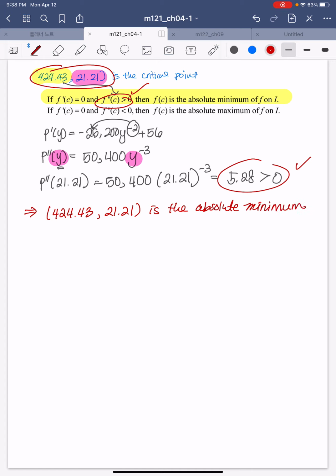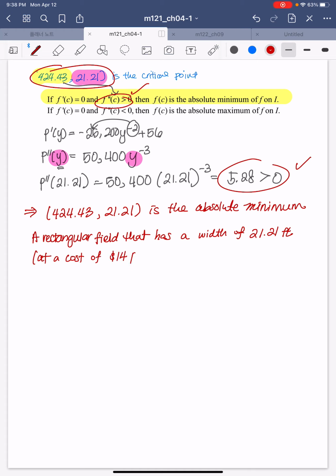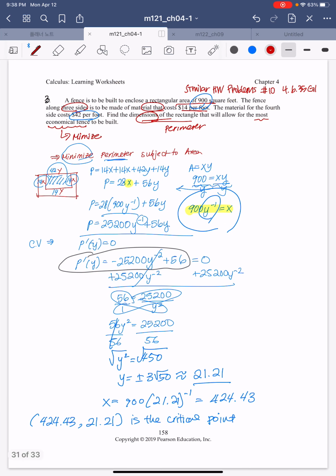So let's write a final sentence. This means a rectangular field that has a width of 21.21 feet at a cost of $14 per foot, right?